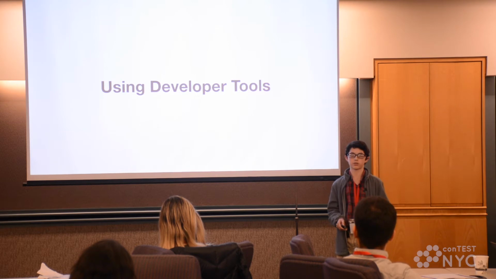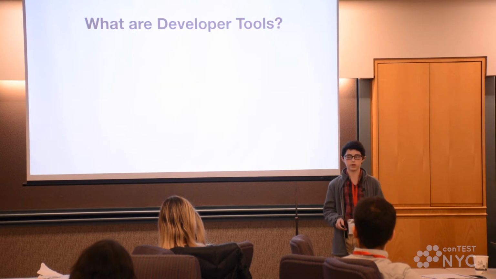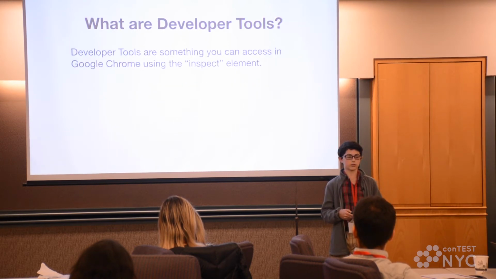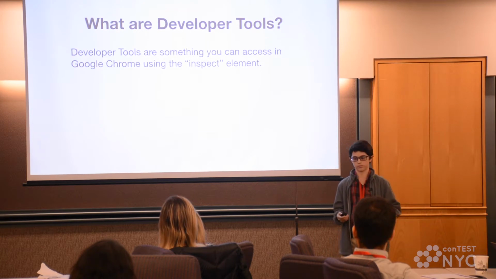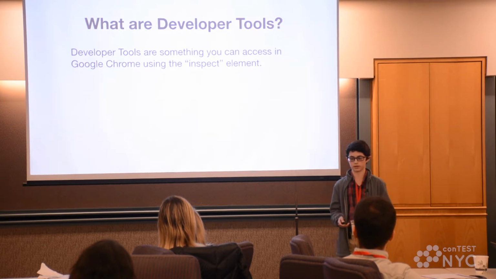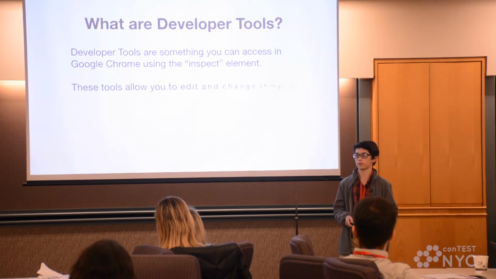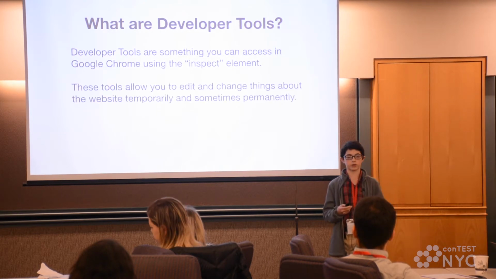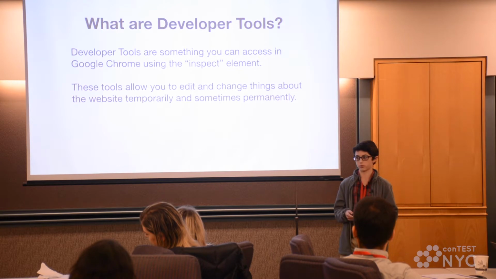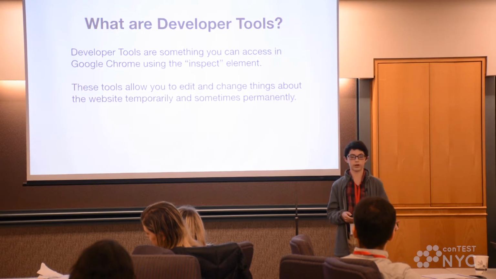So, first one is using developer tools. What are developer tools? They're something you access in Google Chrome or other things using the Inspect element, and it basically allows you to view all the code. And you can also change some things using the developer tools that are either temporary or permanent.